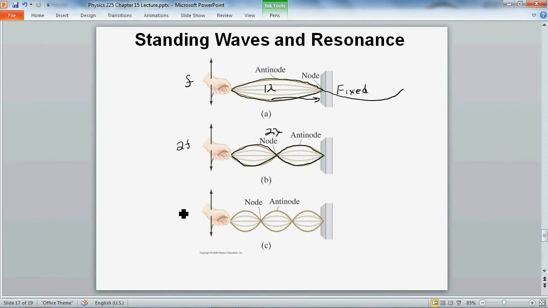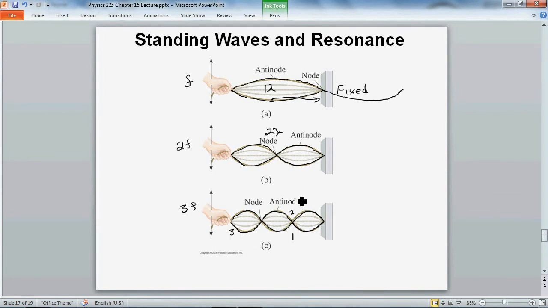And if I vibrate it at 3 times the frequency, now I'm going to have 3 waves. There's 1 to this point, then there's 2, and there's 3.